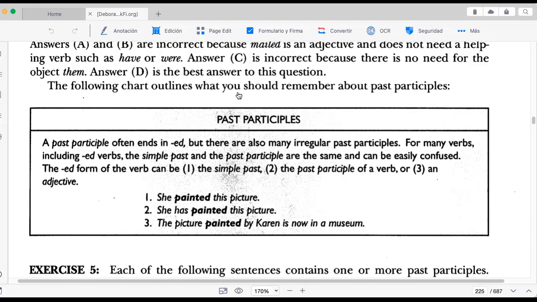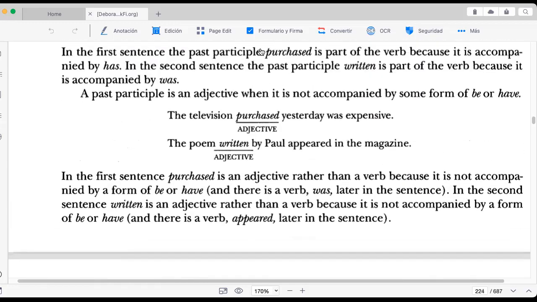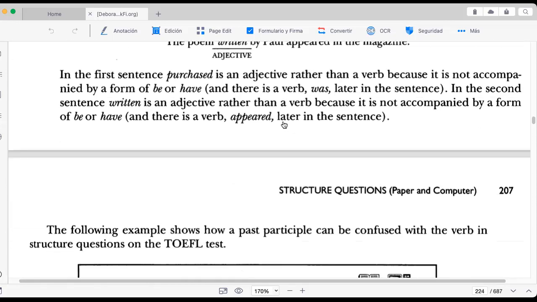On the first one, simple past. She painted this picture. That's right, just simple past. On the second one, the past participle. She has painted this picture. Remember, don't forget, you can use verb to be and have, okay?